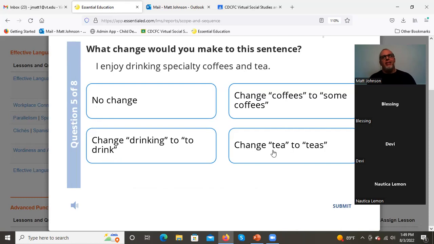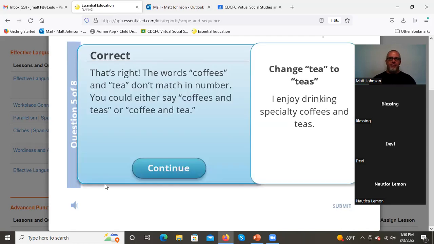Well, I suppose too, you're talking about specialty coffees, so it would make sense to continue on with that, to say specialty teas. So teas does make sense there. But again, the exception, sometimes, like you mentioned, is like "I bake cookies and a cake." Those are examples where you might want to mix between singular and plural. But this one does make sense now that I see it.